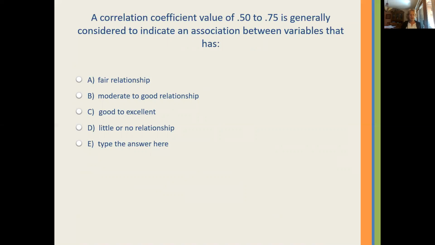Take a few minutes and think about that question. So our answer is B, moderate to good. Remember, 0.5 to 0.75 is considered moderate to good relationship.